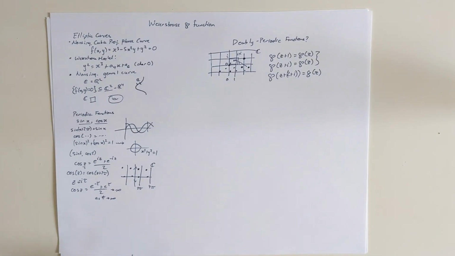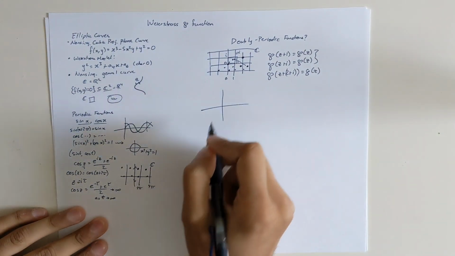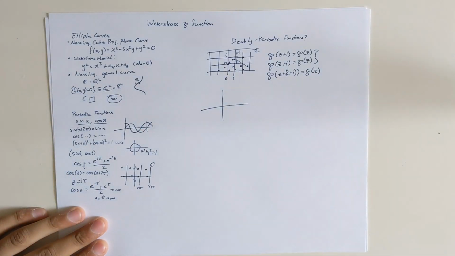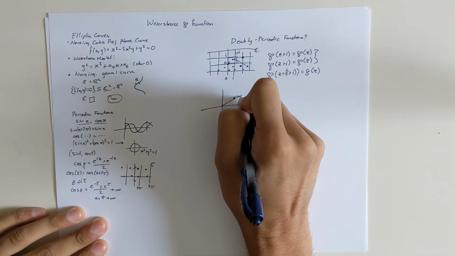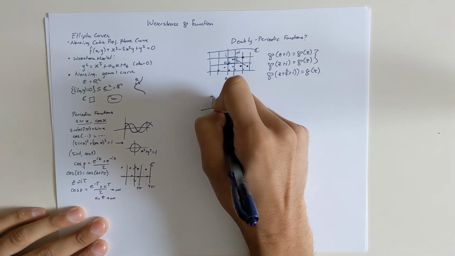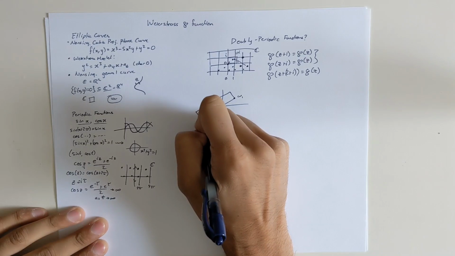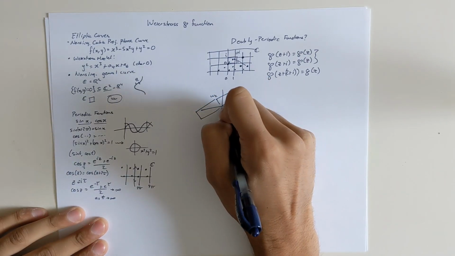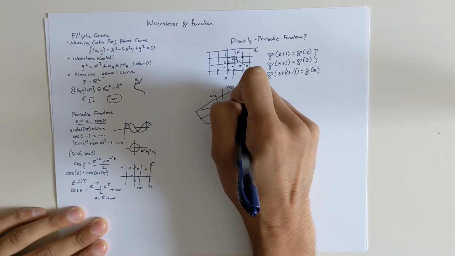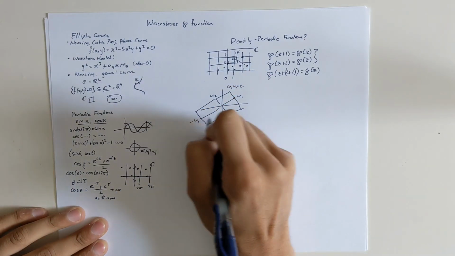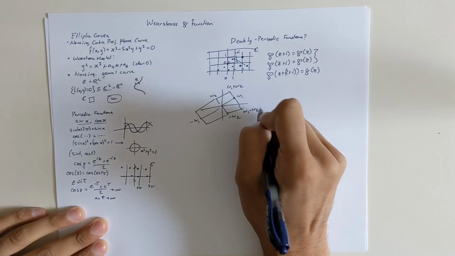Now we can actually generalize the framework a little bit. Instead of looking at things which are periodic with respect to this lattice, we can take two complex numbers, omega 1, say, and omega 2, and look at the so-called lattice generated by these two complex numbers. So this will be omega 1 plus omega 2, this will be negative omega 1, negative omega 2, omega 1 minus omega 2, and so on and so forth.